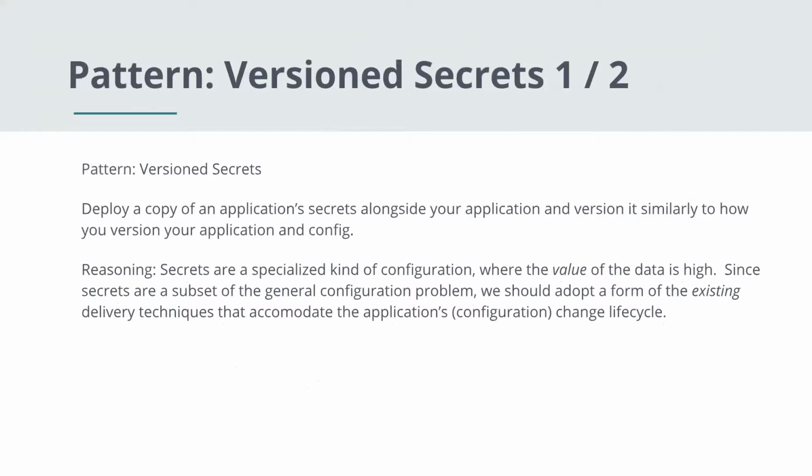So how do you deal with that? There's a pattern commonly called versioned secrets, where you deploy a copy of an application's secrets alongside your application every time you deploy. Basically take the deploy ID, job, or deployment number, and put that into the name of the secret somewhere in the path.